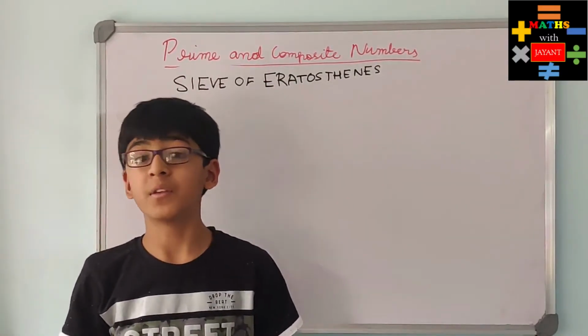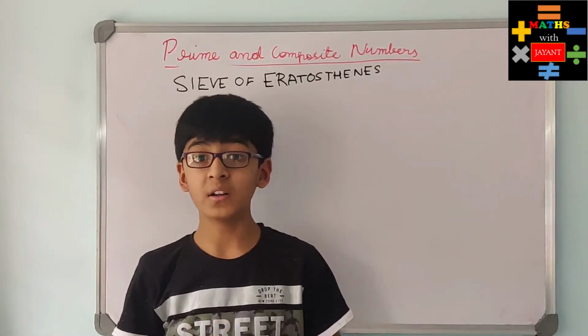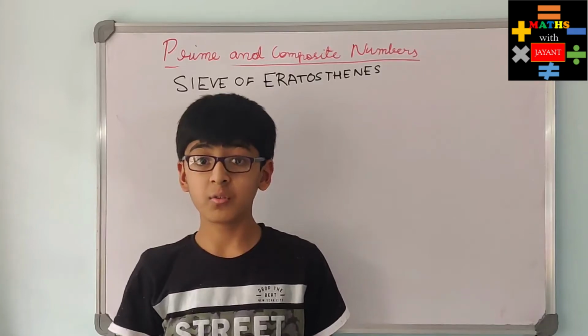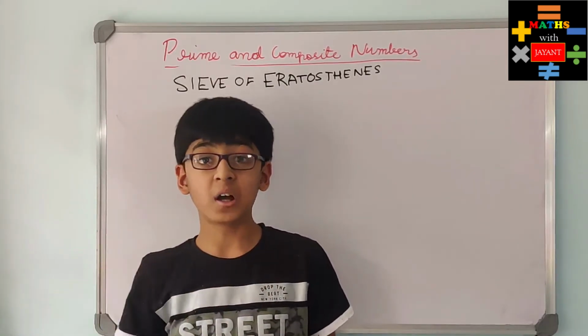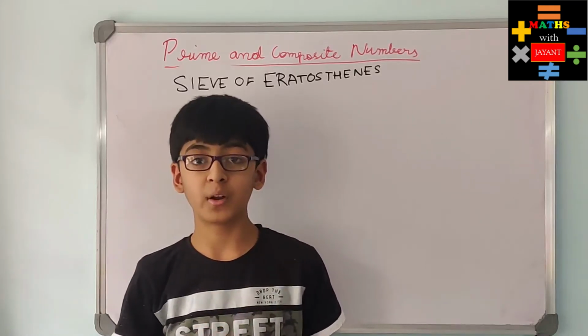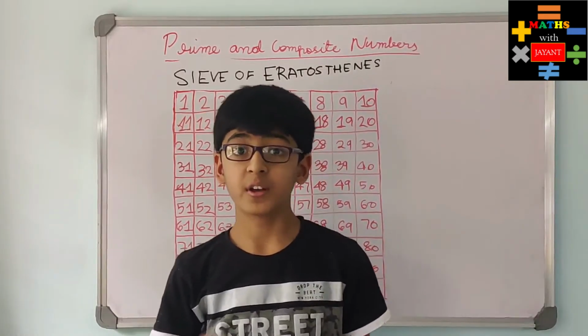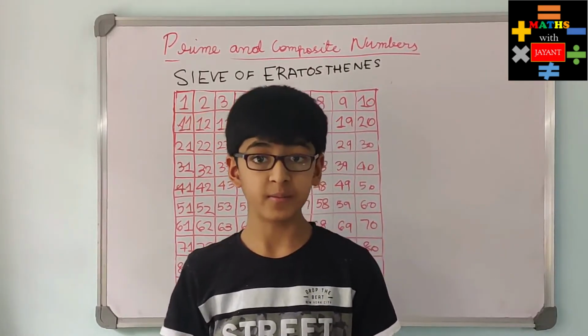So what is the first step? The first step is to make a grid from 1 to 100. We have to make a 10 by 10 table and write the numbers 1 to 100. This is how it looks. So now the grid is ready.